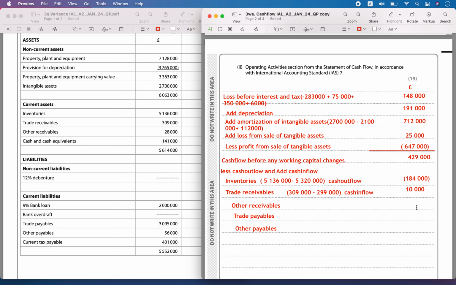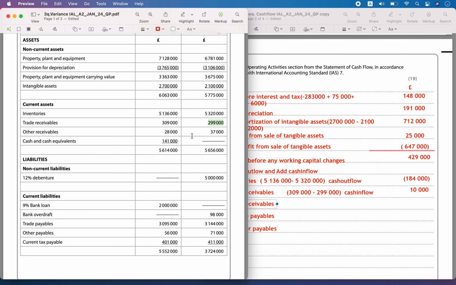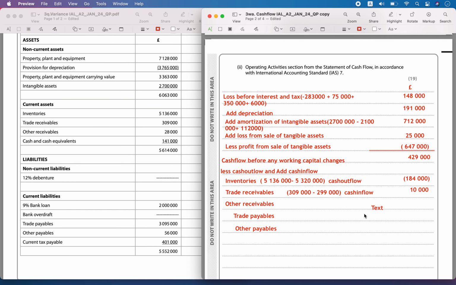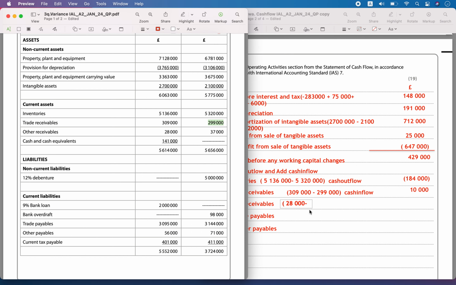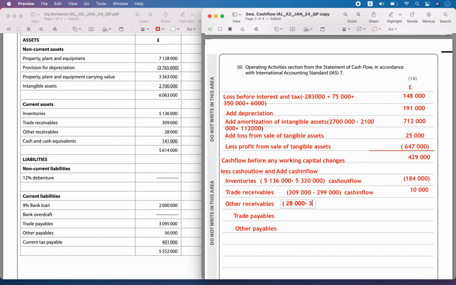If it is a cash inflow, you will just add it, so 10,000. Then other receivables: it was 28,000 and it has now increased to 37,000. This is a cash outflow.